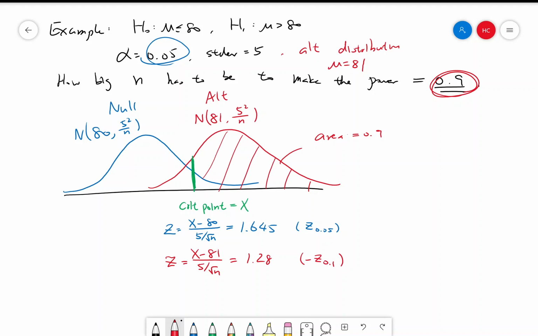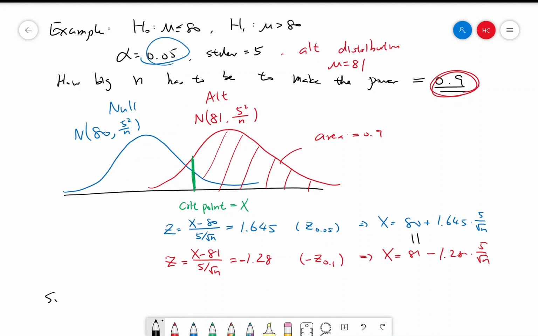With these two equations, the first equation tells you that x equals 80 plus 1.645 times 5 over root n. The second one tells you that x equals 81, oh, I forgot a negative sign here, sorry, 81 minus 1.28 times 5 over root n. These two numbers have to be the same because they're both x.